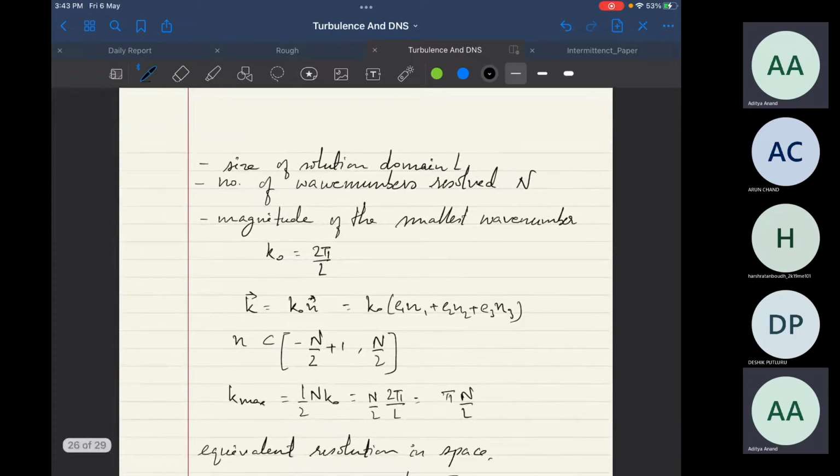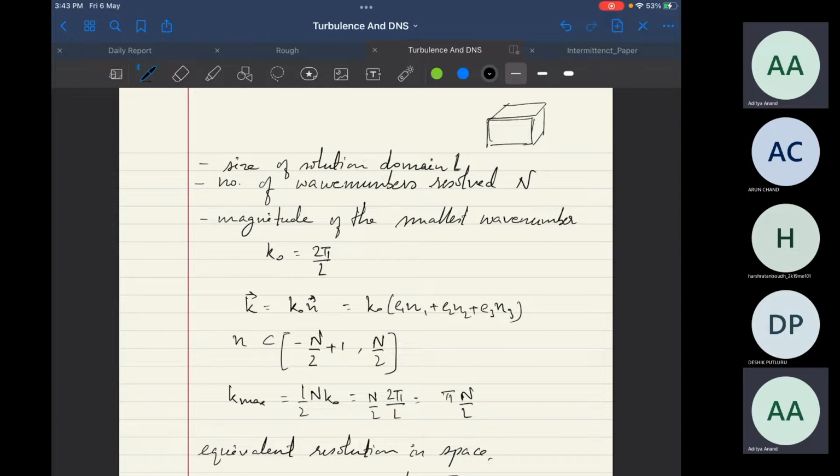How do you go about performing your DNS? You first decide the size of your domain. You can decide to do the simulations in a cubic domain, and this cube might have a size of L by L by L, so your domain size is of order L. You might decide to have N wave numbers in your spectral domain.